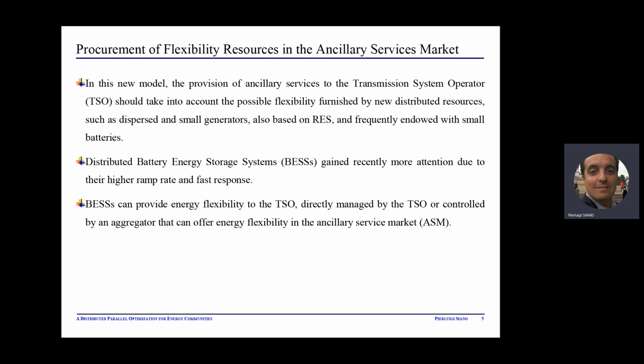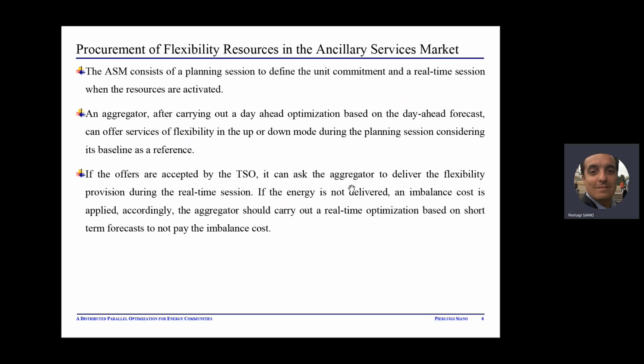Considering this new model, and in order to exploit the potential of energy flexibility offered by new resources, the European regulatory framework has opened the ancillary services market to distributed energy resources, including energy storage systems and demand response providers. Among distributed energy resources, battery energy storage systems have gained recently more attention, mainly for their high ramp rate and fast response.